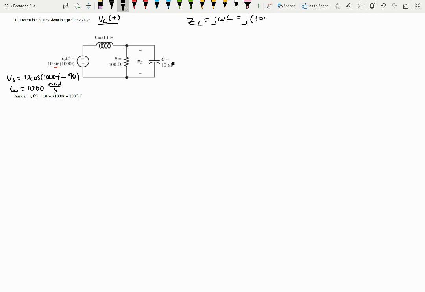So 1000, and L we said was 0.1. When we do that, we'll get j100, or 100 at angle 90.